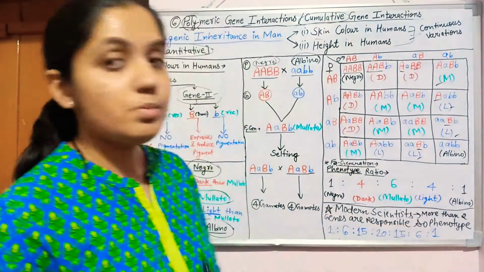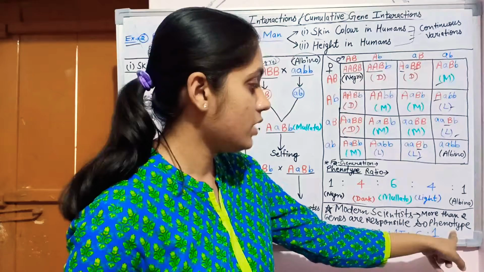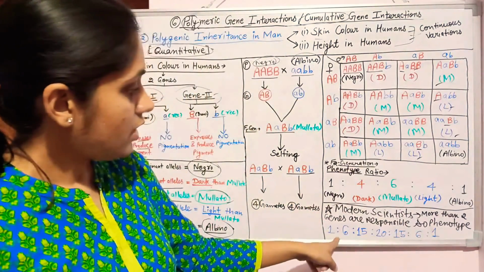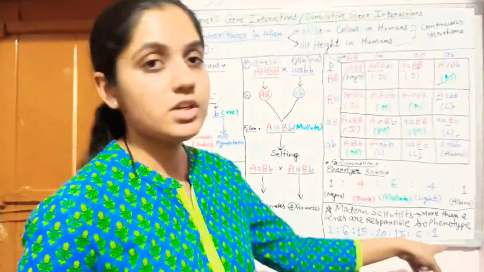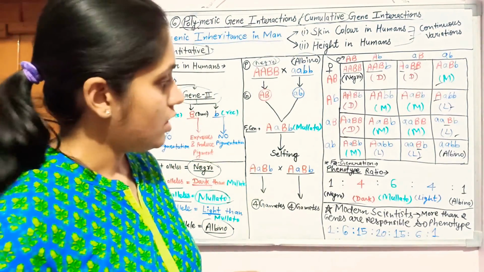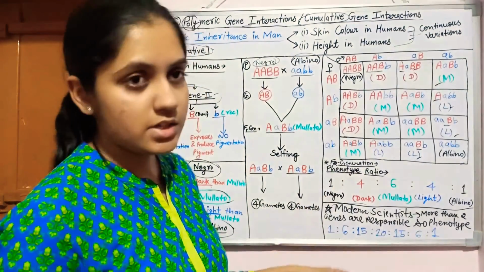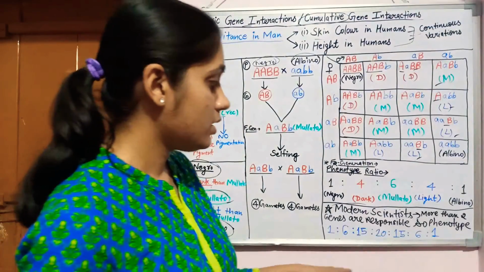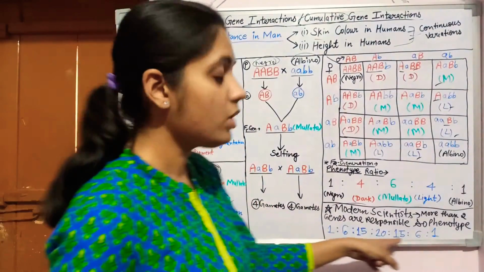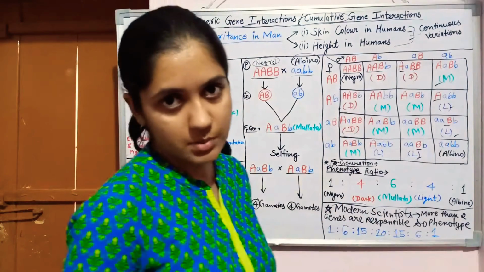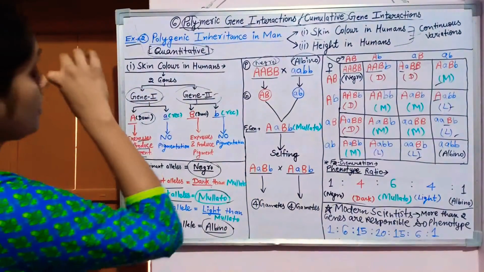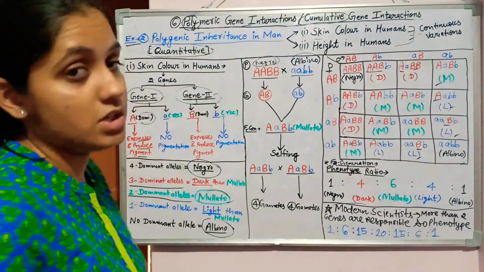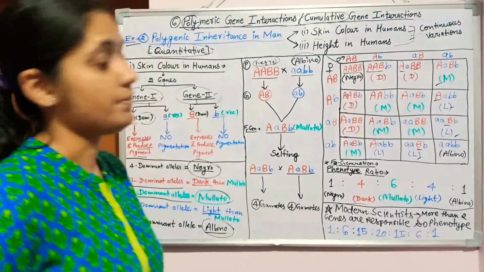So because of more than 2 genes, the phenotypic ratio of the F2 generation is 1:6:15, and a very large range of characters can be seen. So in both, a large range of characters are present, but here an even larger range is present. Okay, so this is the example of polygenic interaction.